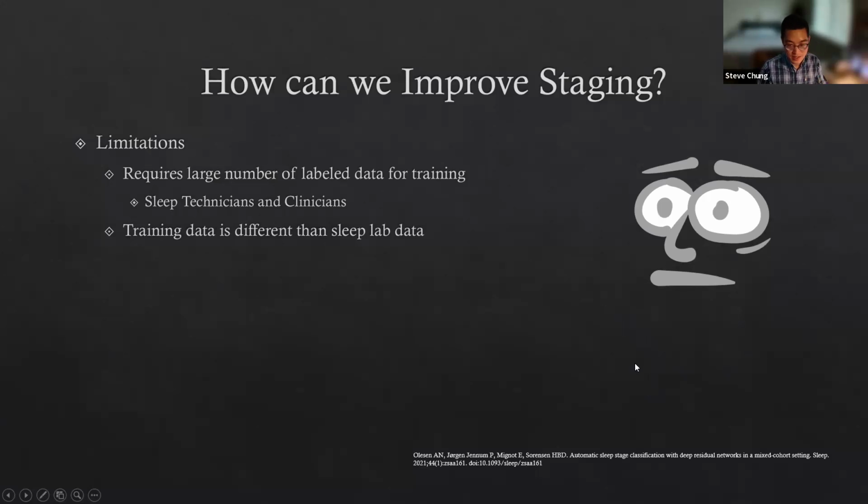And obviously, with many studies out there, our training data set is much different than what we see in practice. Patients in our training data sets are typically healthy with one or two comorbid medical conditions, whereas in the lab we see a very different mix of pathology.